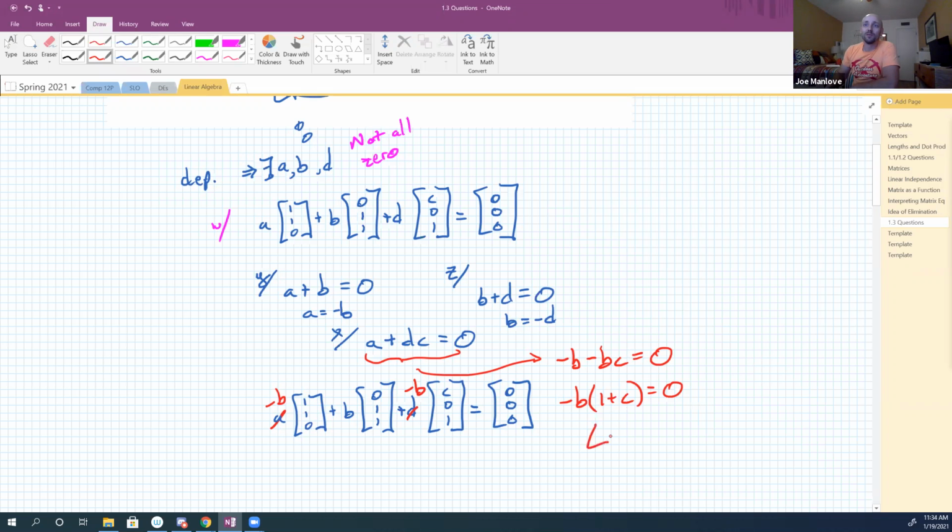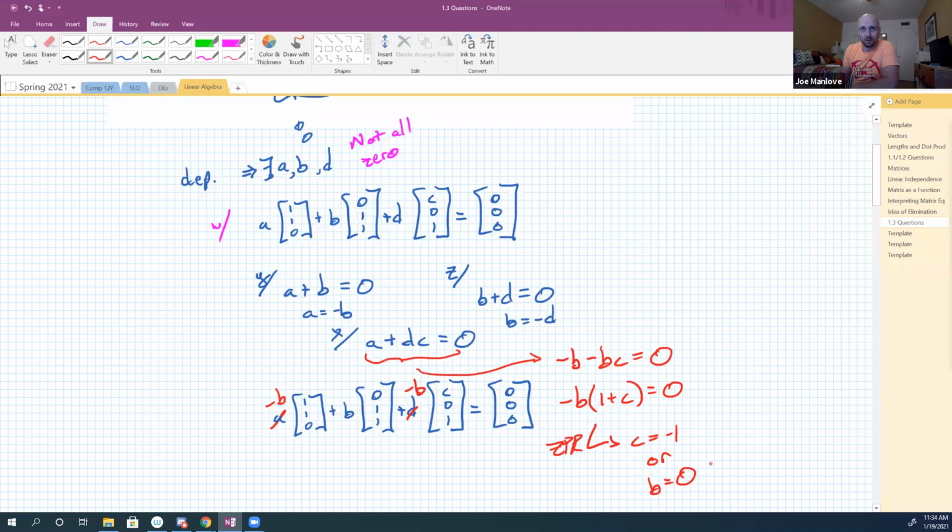So this would tell me with the 0 product rule, either C is -1 or B is 0. You guys see that? So C is -1 is an answer. What about B is 0?